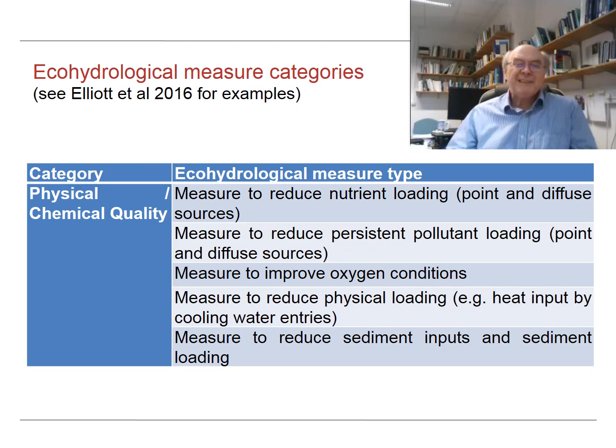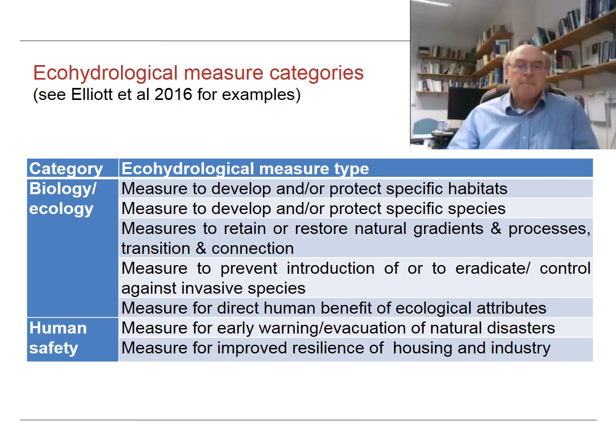We have physical chemical measures, and most of these revolve around stopping putting in pollutants, restricting the way nutrients or pollutants are going into the sea. So these are measures that we can bring in, and measures that may be defined in law. And then next we have the biological, the ecological measures to protect habitats, or measures to ensure that specific species are occurring there, measures to ensure we've got connectivity.